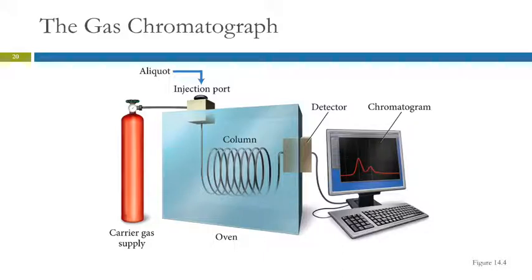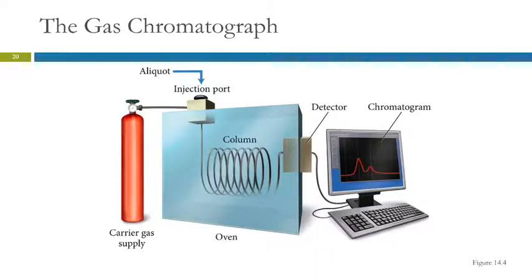Yeah, you can do it with leaves. You can make some crazy cool colors from spinach. It's really awesome. But that's what's happening here. There's a stationary phase, the inside of the column, and there's a mobile phase, the gas that's going through. And the different substances in your aliquot have different affinities for the column and for the carrier gas. And so when everything is set up correctly, they will become separated.